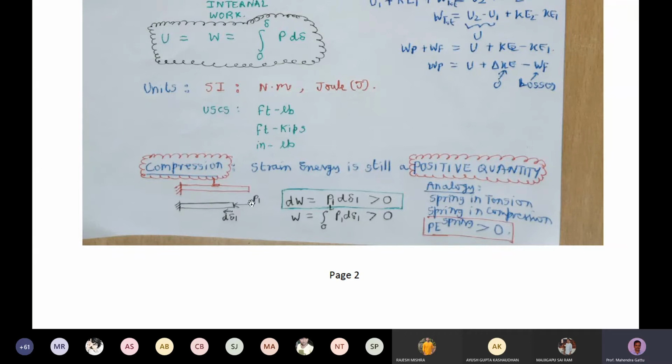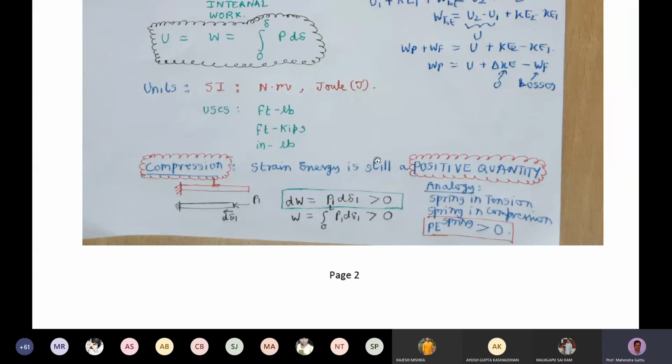So the work done by this force P1 will be dW, we are representing that incremental work, that is equal to P1 d delta 1. Because P1 and d delta 1 are acting in the same direction, this term will be positive. So the total work done, if you integrate from the original length to the shrunk length, we will get again a positive term. So even under compression, the strain energy is still a positive quantity.